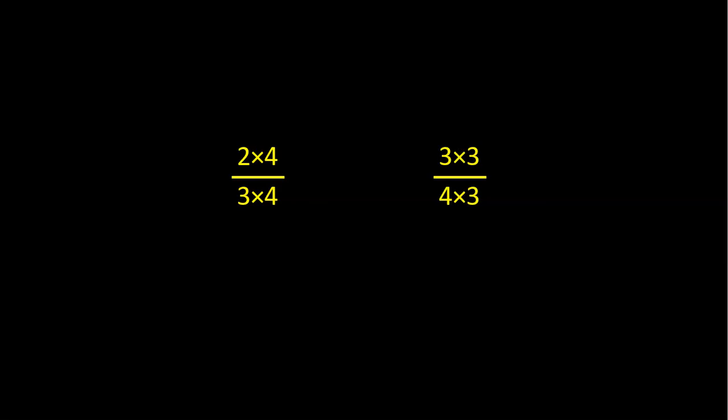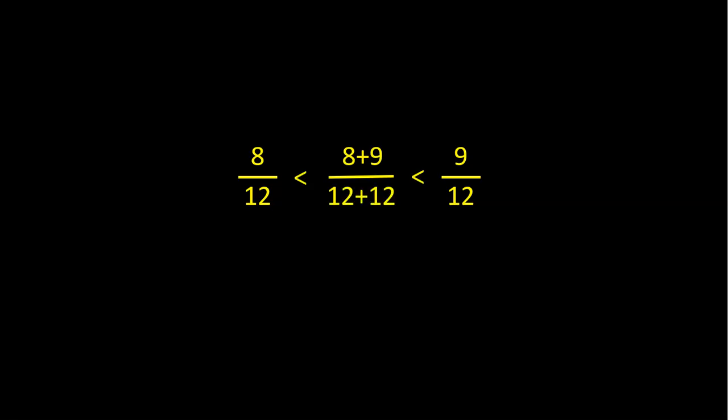Now we have on the left 8/12, and on the right we have 9/12. Now calculating the mediant of these two, we have 8 plus 9 on top, 12 plus 12 on bottom, and that is 17/24, which is the number exactly in the middle of 2/3 and 3/4. It is the usual average of the two.